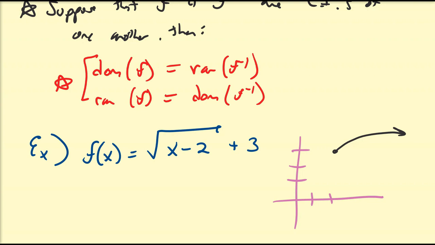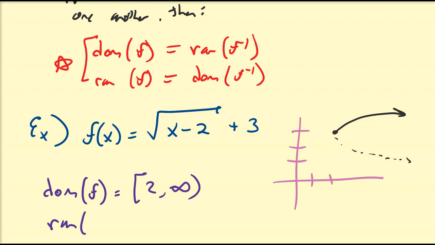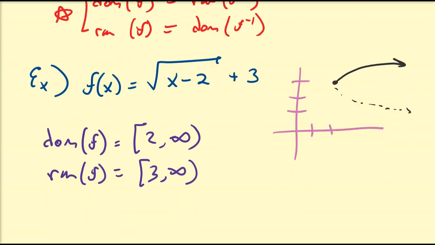The other side of the parabola will be there, but of course this is just the top side. So let's just state the domain and range of this. The domain of this function is going to be equal to the interval 2 to infinity, and the range of this function is going to be equal to 3 to infinity.